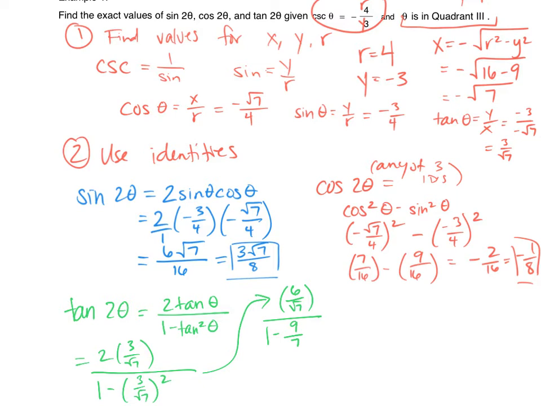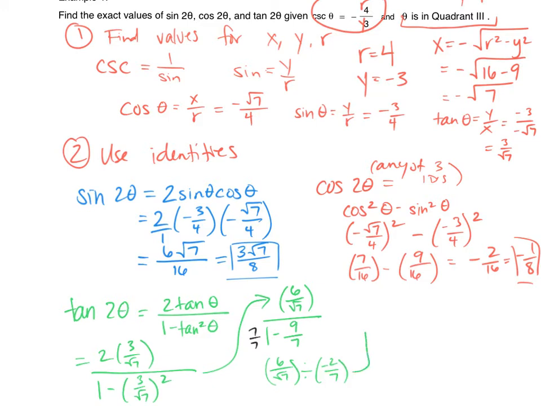Okay, now that becomes 6 over root 7 divided by 1 is 7 sevenths. So 7 minus 9 is negative 2, and then sevenths.